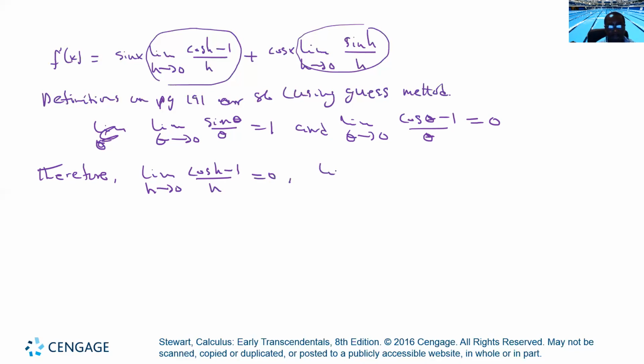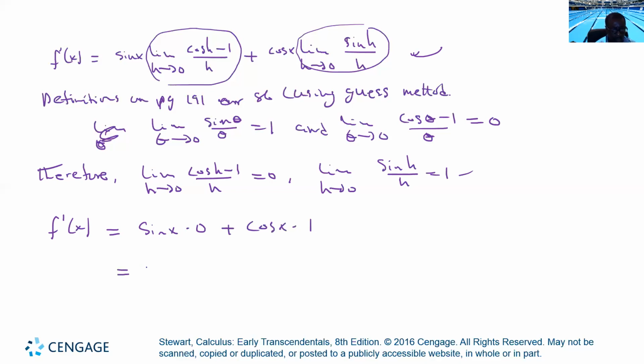And then we have the limit as h goes towards 0 of sine h over h is also equal to 1. So if you substitute this into this expression here, you have for your f prime, which is a sine function, equal to sine x times 0 plus cosine of x times 1.